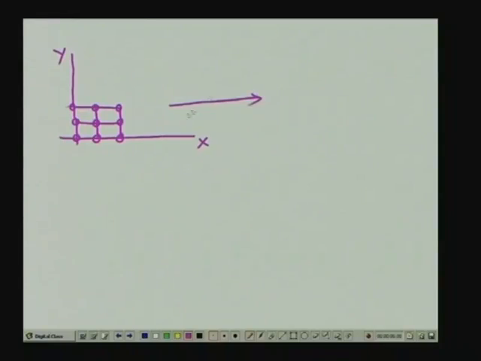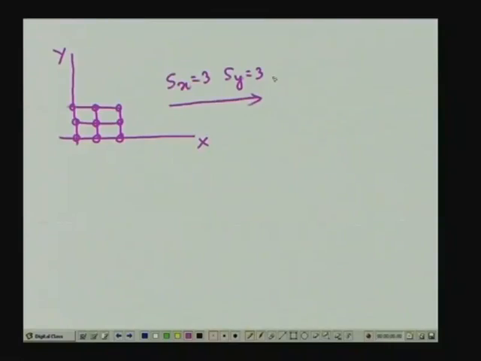I apply a scaling operation with s x equal to 3 and s y equal to 3, in both the x direction and y direction. Naturally, this 3 by 3 image after being scaled up by factor 3 in both directions will be converted to an image of 9 by 9. Let us see how these pixel values will look.